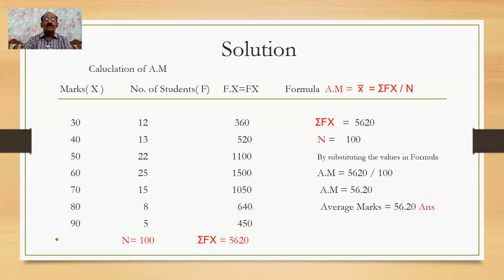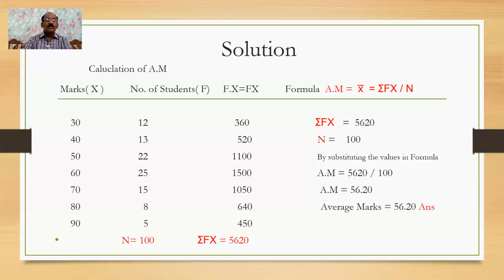That gives product 520. In the third row, 22 students, 50 marks. That means the product is 1100. In the fourth row, 25 students got 60 marks. The product of these two is 1500. That means 25 into 60 is equal to 1500.